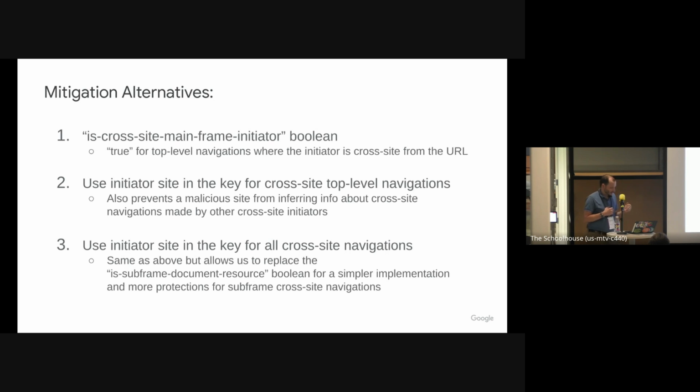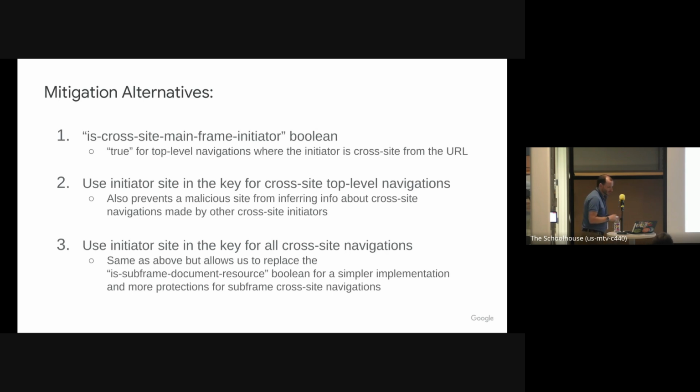So when a navigation occurs and the initiator is cross-site to the URL, then we set this bit, and it mitigates the specific attack where an attacker is navigating to these things that are typically resources.